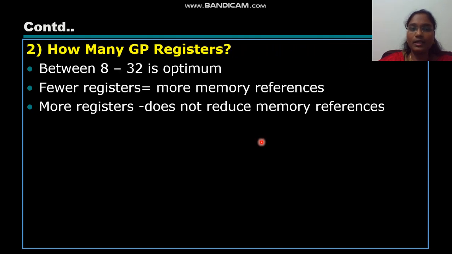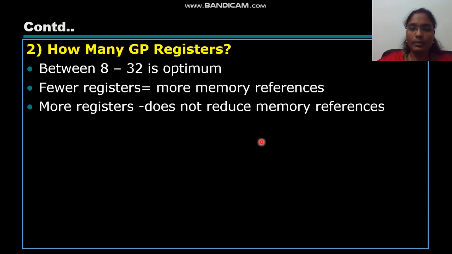And the other issue is how many general purpose registers can be used. Basically between 8 and 32 is the optimum number of registers. As we see, the registers are costly, and we cannot have a large number of registers.